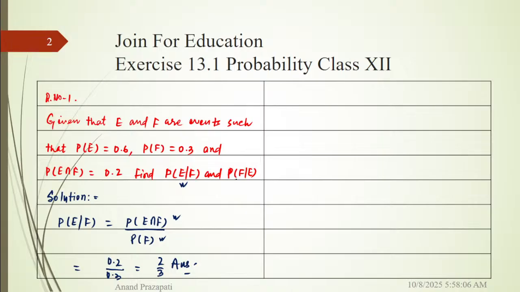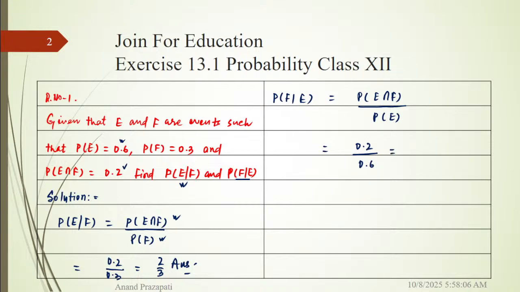Similarly, we recall the relevant formula for this one. Probability of F by E equal to probability of E intersection F by probability of E. Now putting the value of probability of E intersection F and probability of E from the data, this one will be 0.2 by, and the probability of E equal to 0.6.